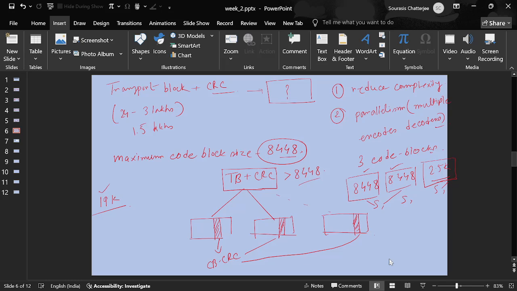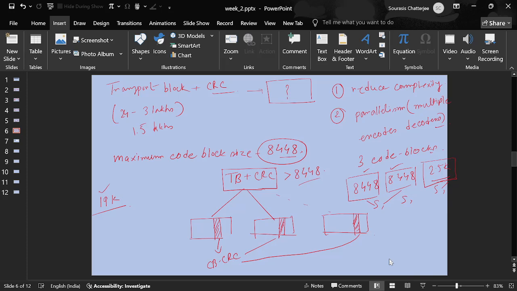So what is the solution here? Uneven segmentation is not going to work, because the performance is always going to be stuck by the weakest one. So what is the way out in the standard?